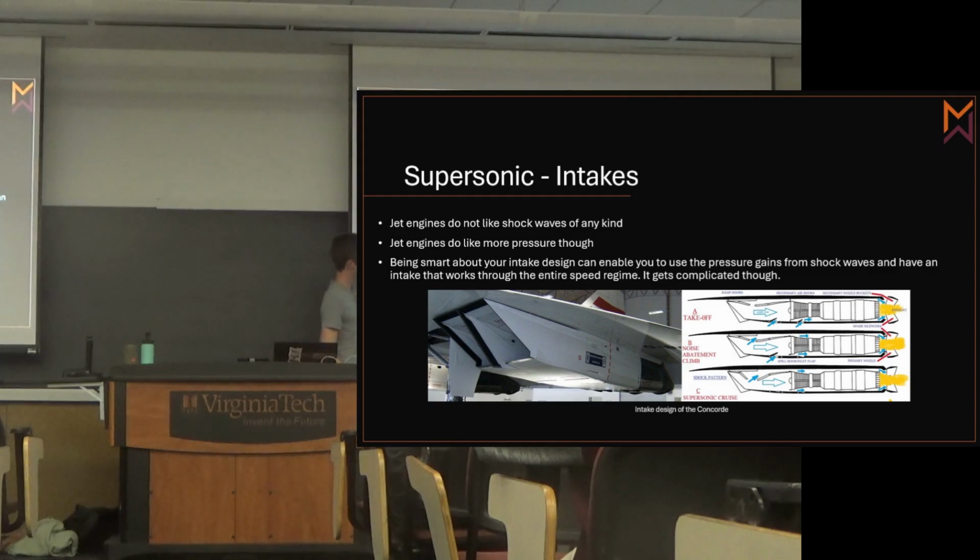So these guys are kind of isolating it, but there are a couple of different ramps in here that are changing where the shock location is going. So there's one coming off here, another one here. I'm not sure if that one's meant to also make a shock. But typically when we design these, you're trying to go for two different conditions.